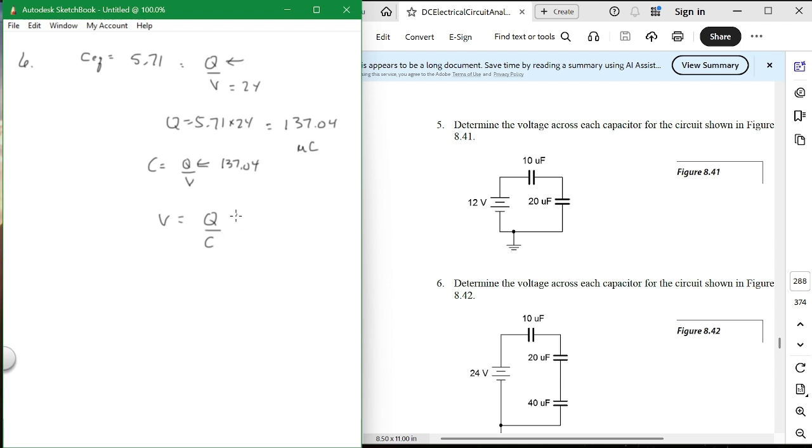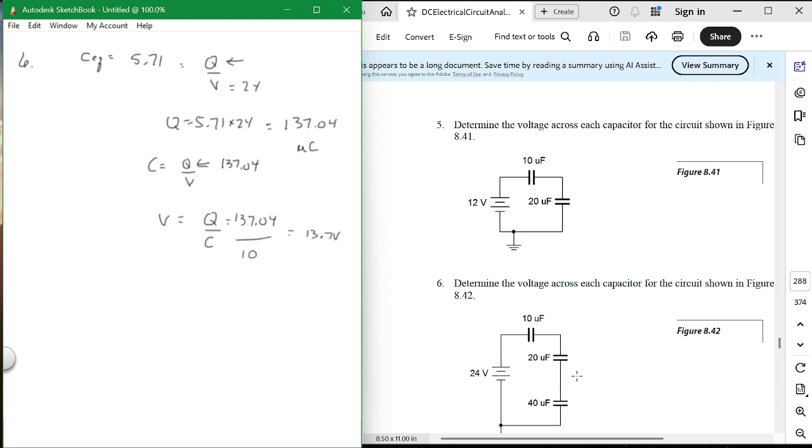So now 137.04 divided by 10 is what? That's across this one. It's about 13.7 volts, right?